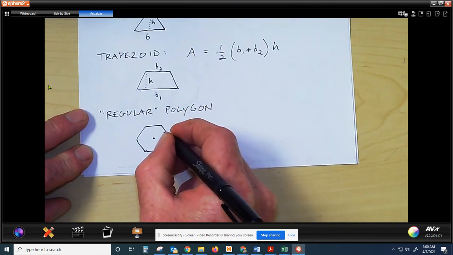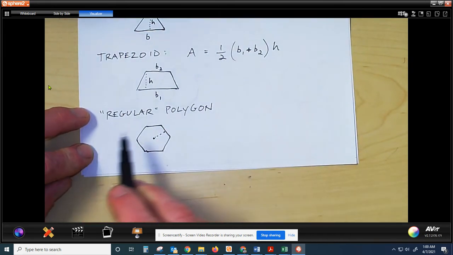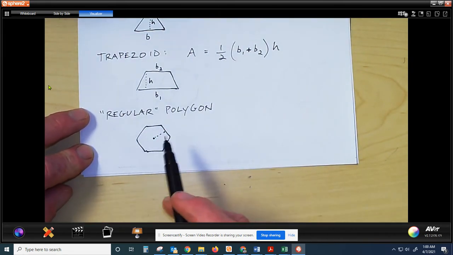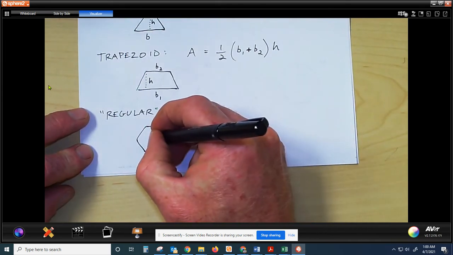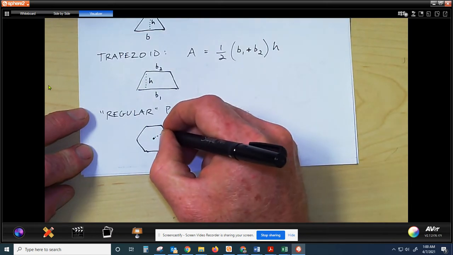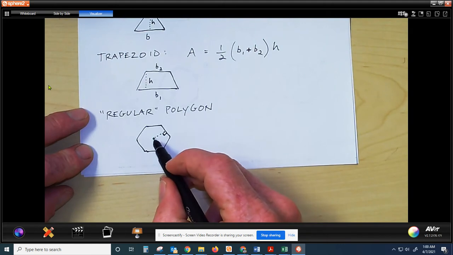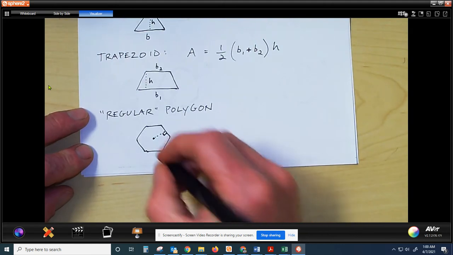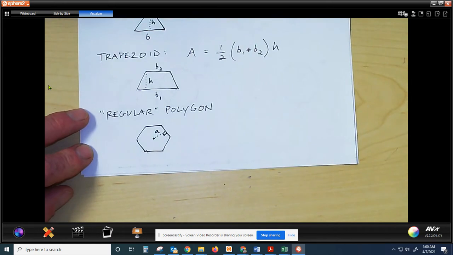Lowercase a is a measurement that would be found in all regular polygons: hexagon, pentagon, triangle. You can draw a line from the middle of the shape to the middle of one of the sides. This makes a 90-degree angle here. This length from the middle to the middle of a side has a name. It's called the apothem.